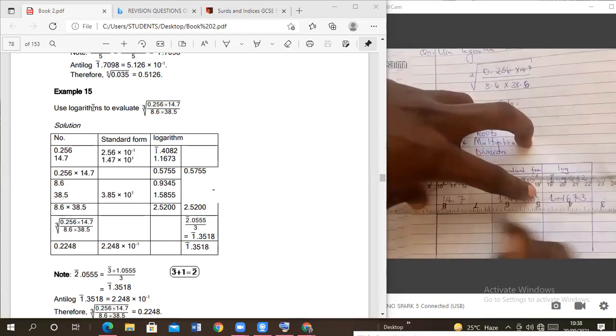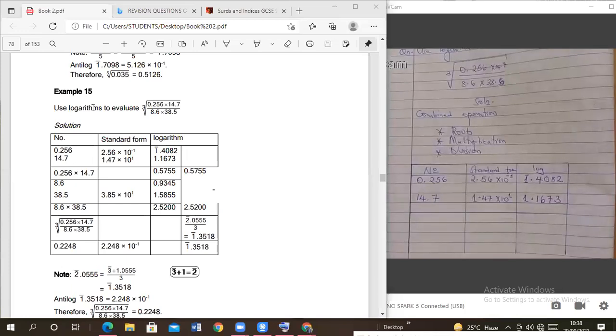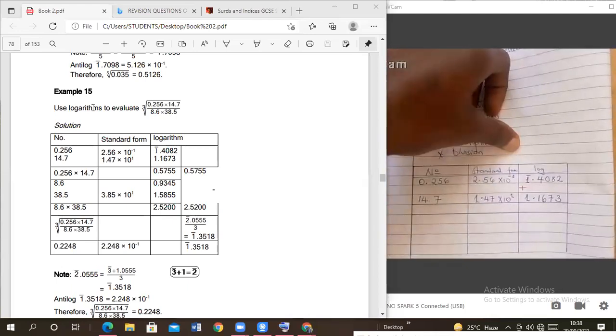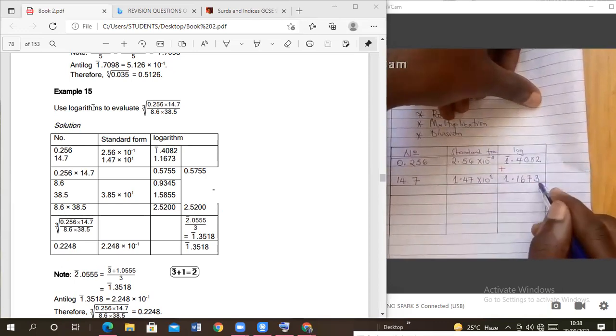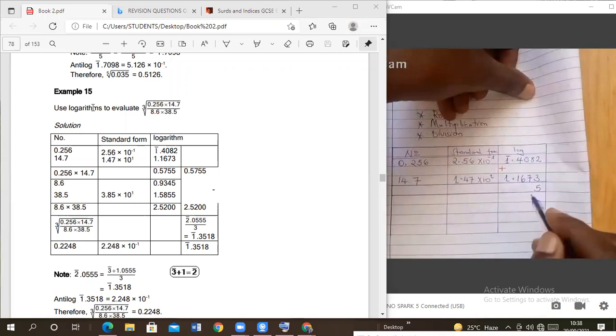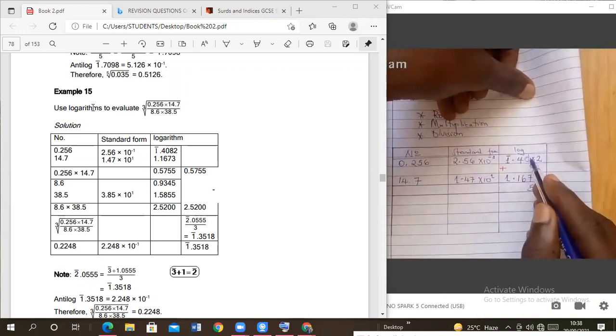Members, we first simplify that. So we are multiplying numbers. What do we do to their logarithm? We add. So we shall have 2 plus 3 will give us 5. 8 plus 7 will give us 15. We carry 1 there. So 1 plus 6, 7.